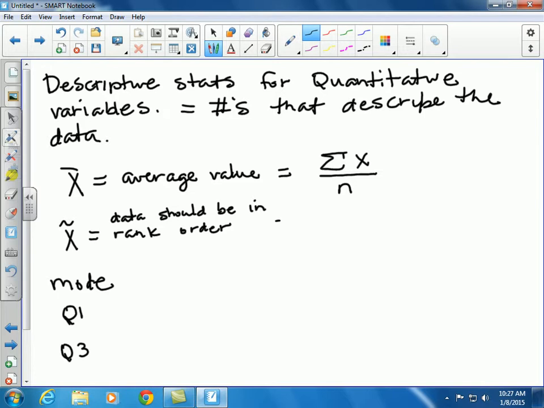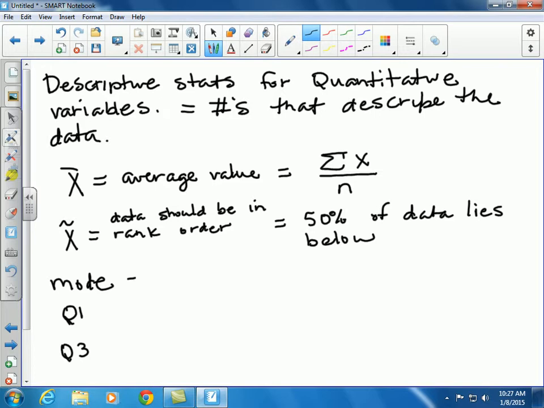It is defined in English as the data point where 50% of the data lies below. So it truly is the middle of the data. There are some things that need to be worked on in the median, which we will work on.